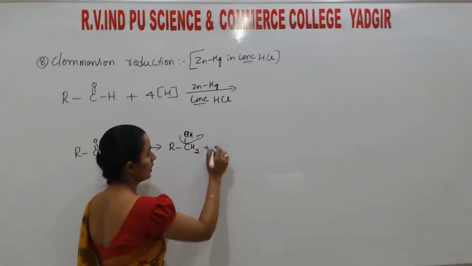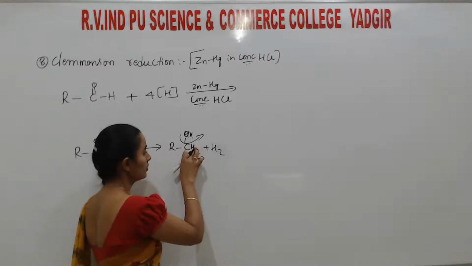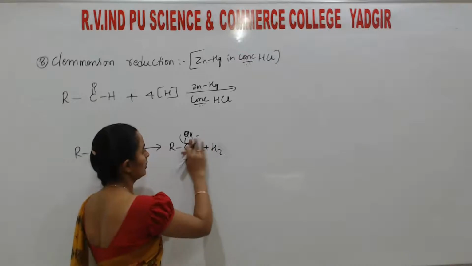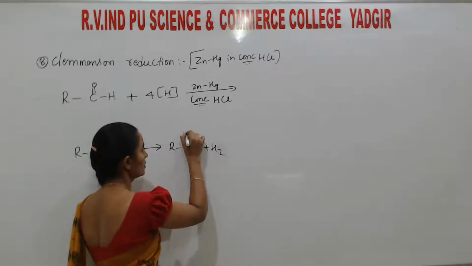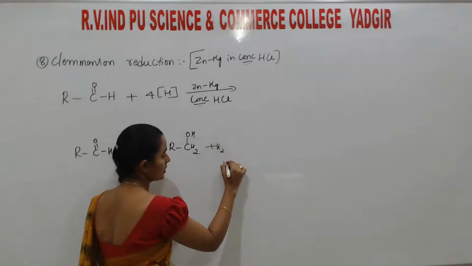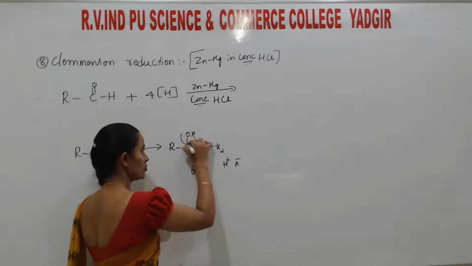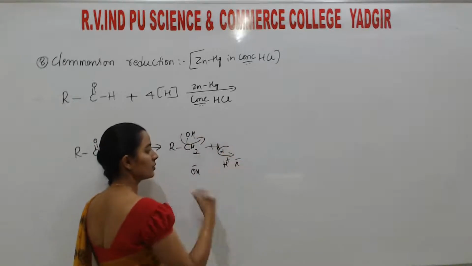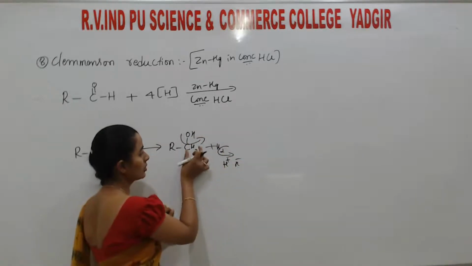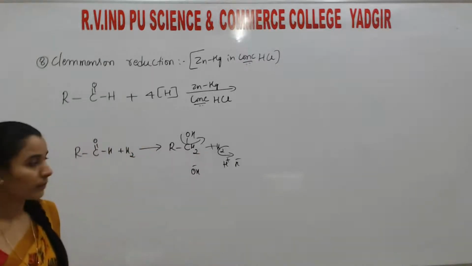Again we are adding H. Write it: this is OH, this is the reagent H2, this one as H plus and H minus, this one as OH minus. So OH minus is removed from here, H plus is removed from here, and this is going to attach.